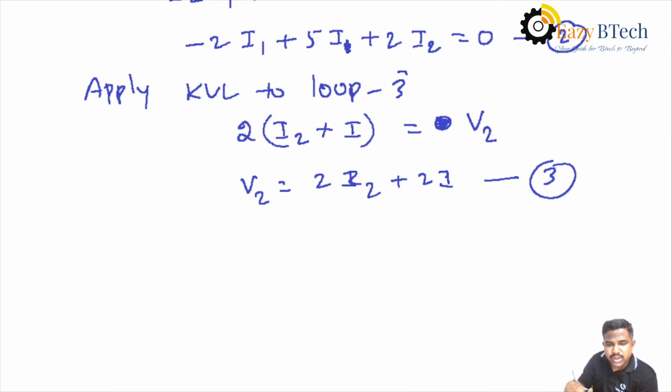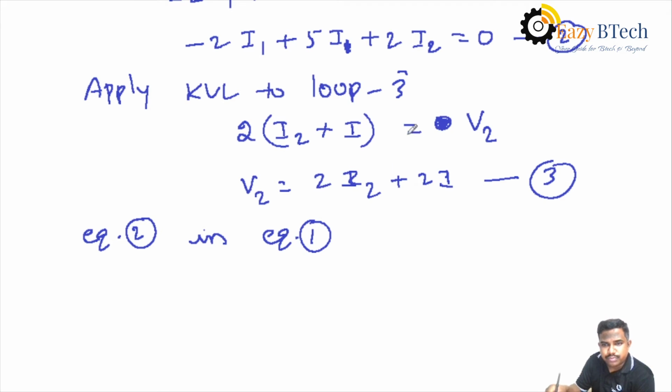Then you can simplify and derive the equations according to the standard equations of ABCD parameters. That is, you have to substitute equation 2 into equation 1.